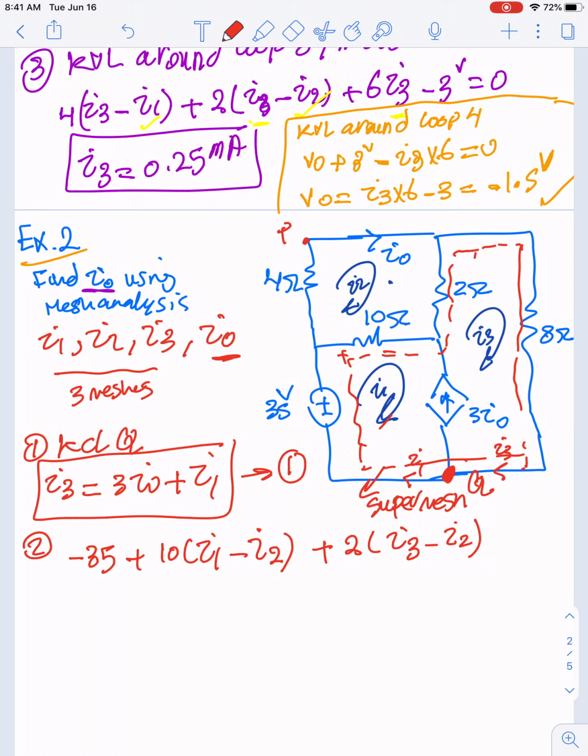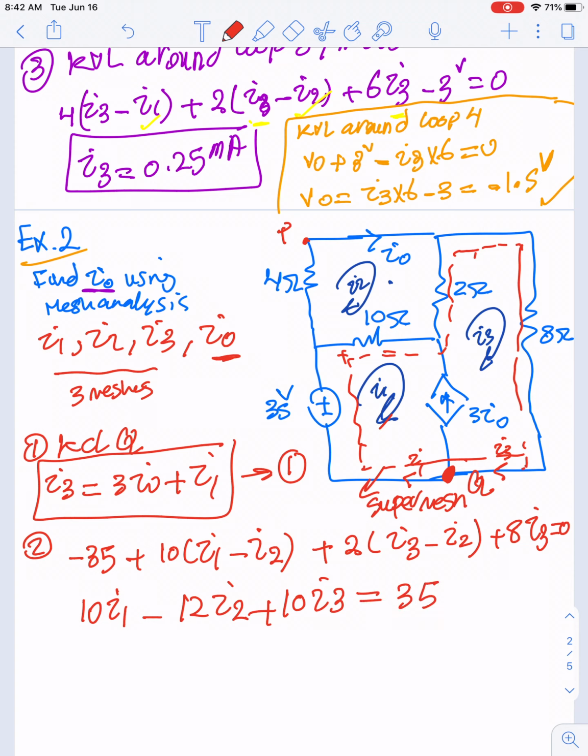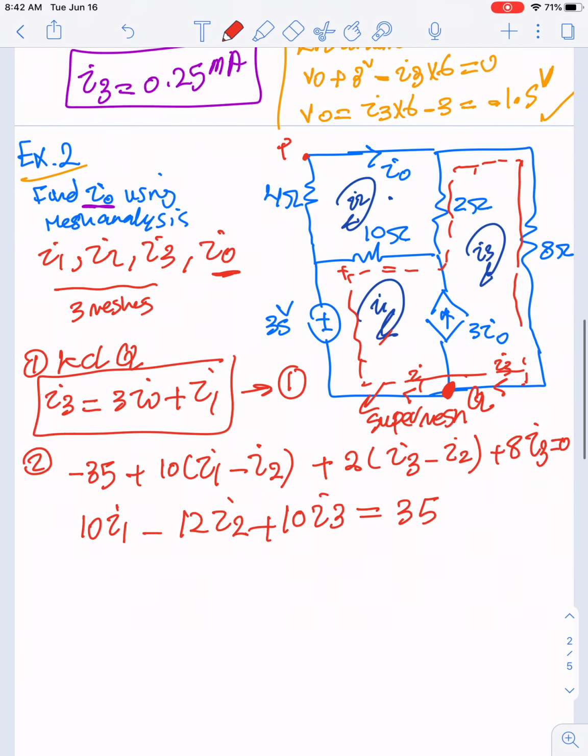And lastly we have here this resistance, which has 8 multiplied by I3, so plus 8 multiplied by I3, and all this is equal to 0. Okay, so we can reduce this equation to 10 I1 minus 12 I2 plus 10 I3, which is equal to 35. So this is the second equation.